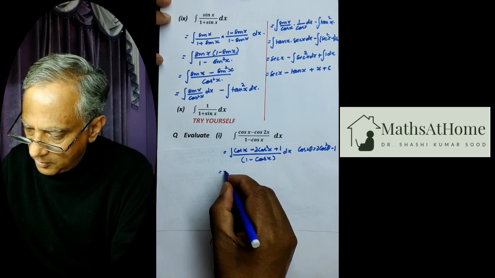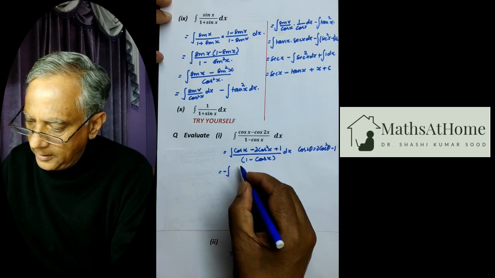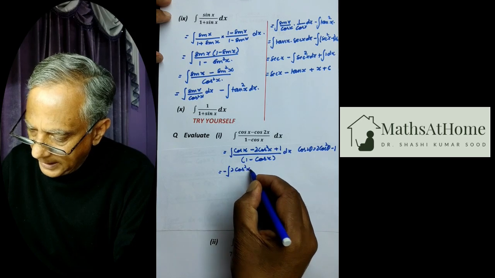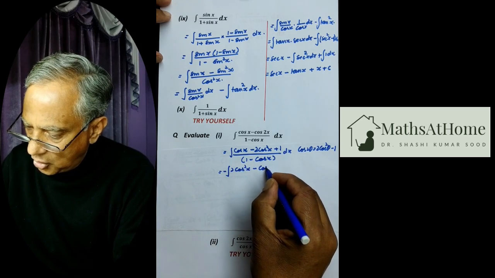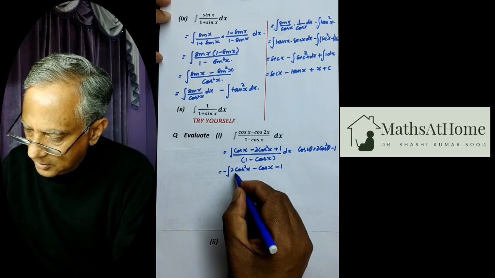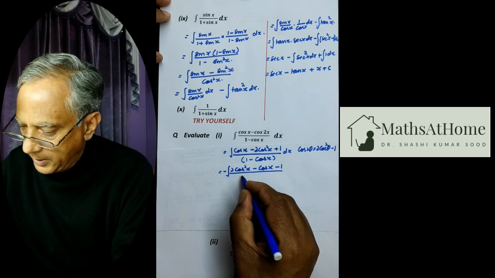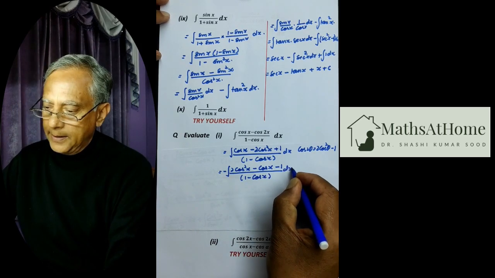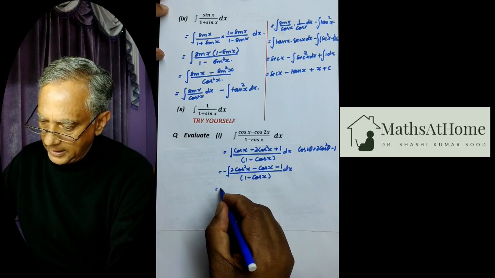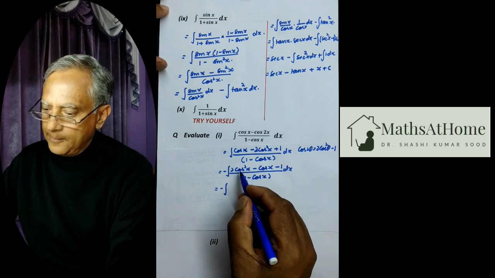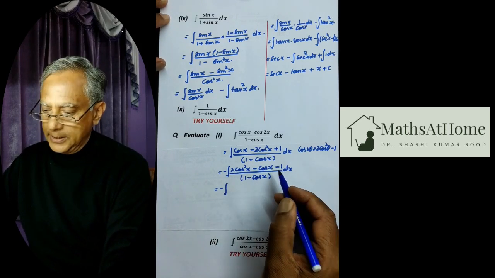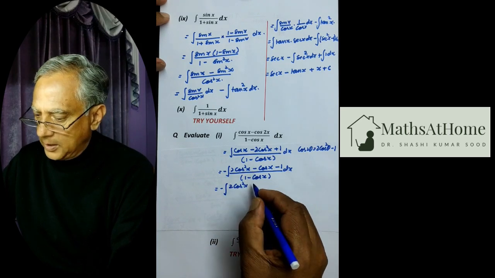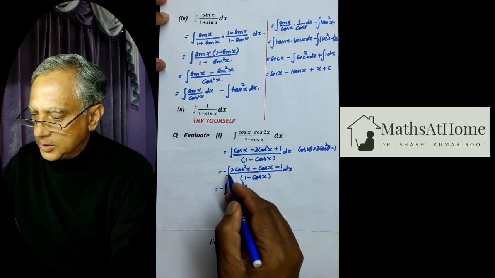This is equal to minus integral, minus is common, we have 2 cos square x minus cos x minus 1 whole divided by 1 minus cos x dx. And this can be written as minus integral, now we factorize this. This is 2 cos square x, and the product of these two is minus 2.